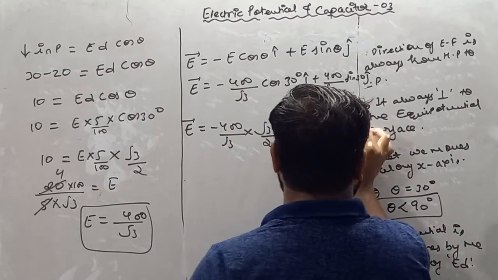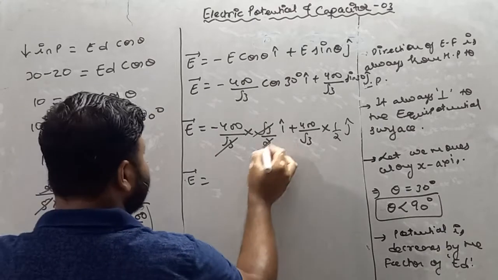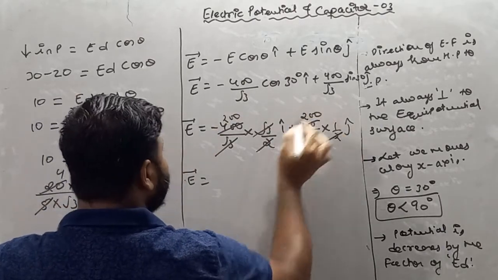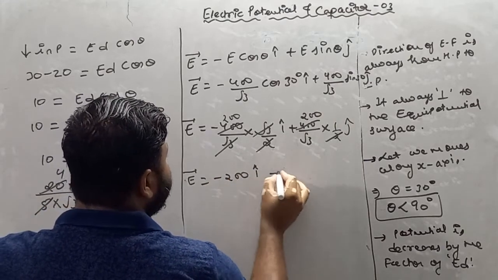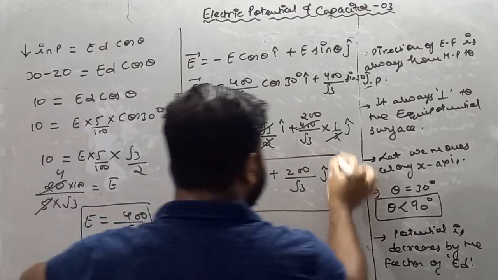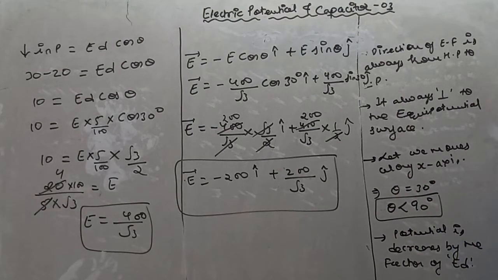So root 3 gets cancelled, and 2 2s are 4, so 200. So minus 200 I cap plus 200 by root 3 J cap. This is the value of electric field in terms of vector quantity.